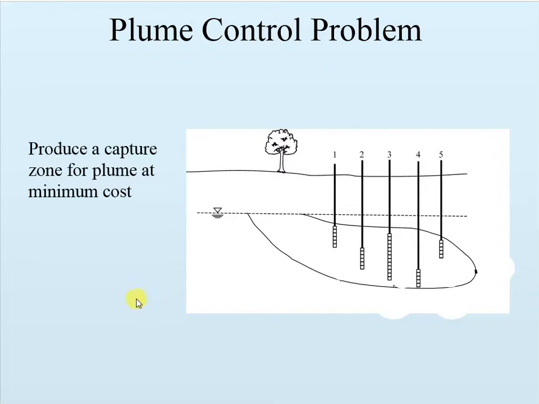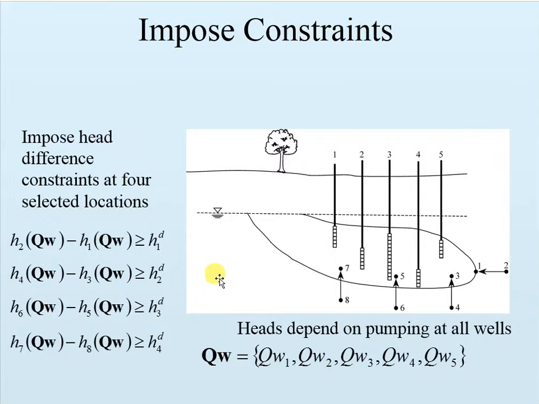So once again we'll impose constraints. I'm going to pick a set of pairs of locations as indicated by the arrows here, 4 pairs, 8 locations total, and make the requirements as indicated in the list of constraints.